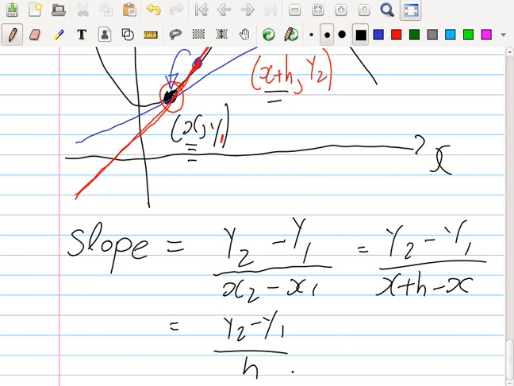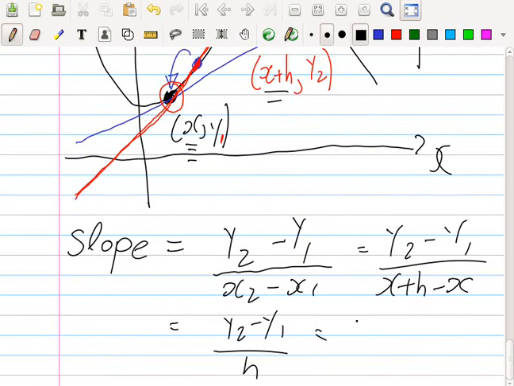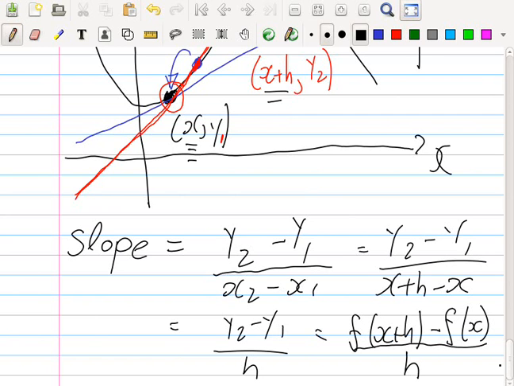How could I find out what the y's are if I knew the x's? I could put them into this formula. So instead of y1, I could have y1 equals f(x1) and y2 equals f(x2). So this becomes f(x2), and what's x2 here? x plus h, minus f(x), all over h. So this is called the first principles formula for calculating the slope of a tangent.